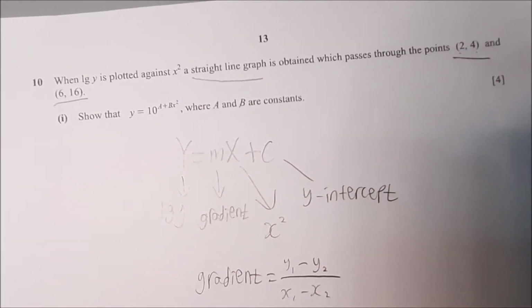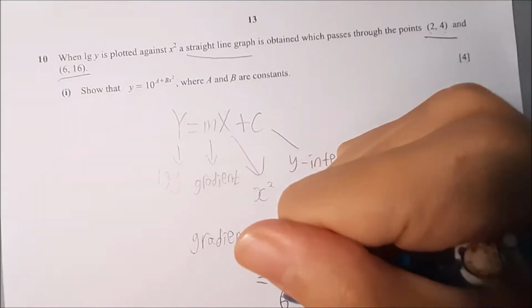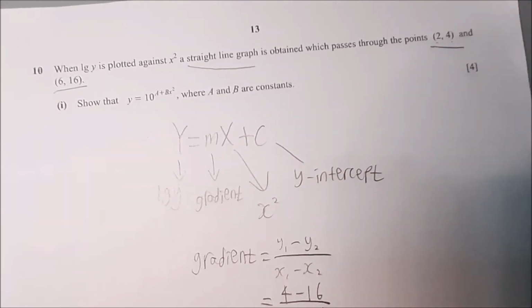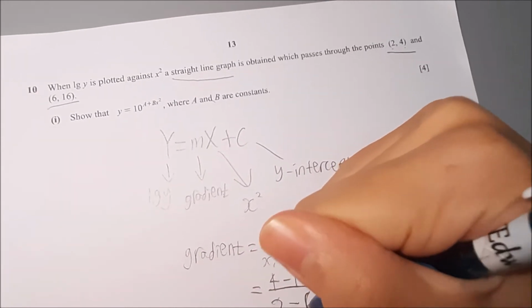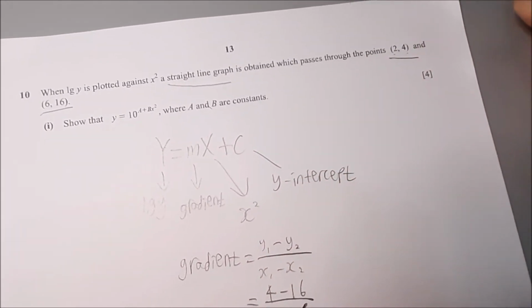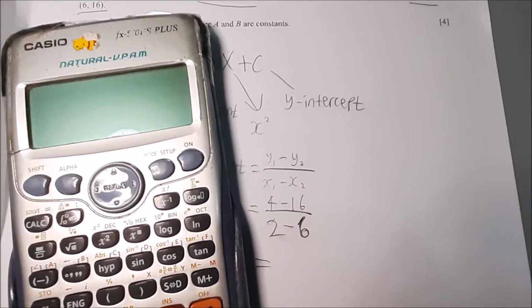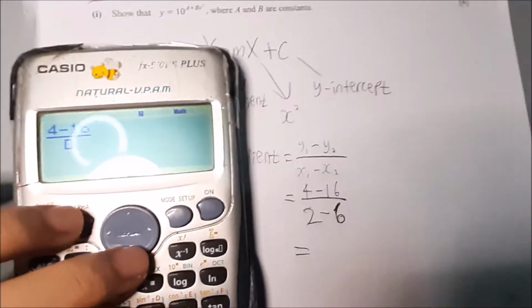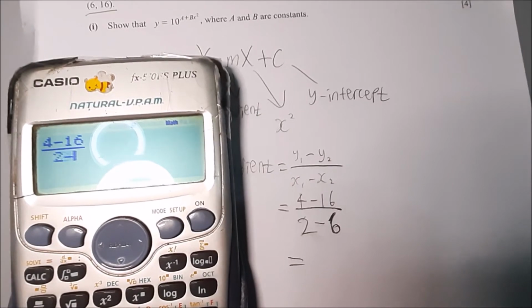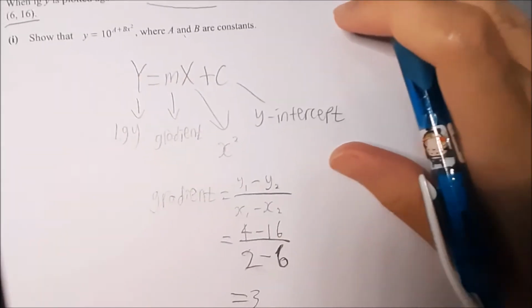In this case it is 4 minus 16 over 2 minus 6. And now if you simplify this, 4 minus 16 divided by 2 minus 6, the answer will be 3. The gradient is 3.